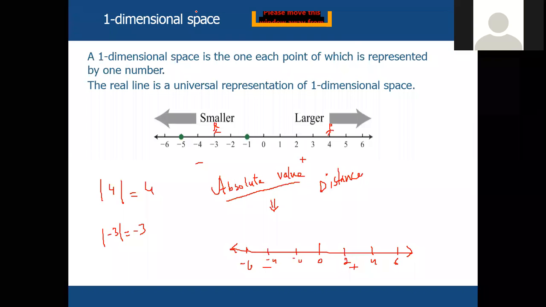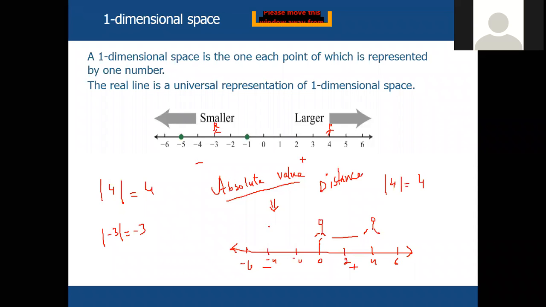To specify location, we use absolute value. If I say the absolute value of plus 4, this means how far plus 4 is from 0. If the 0 location is here and the plus 4 location is there, what is the distance between these two? The distance is 4, and distance is always positive.